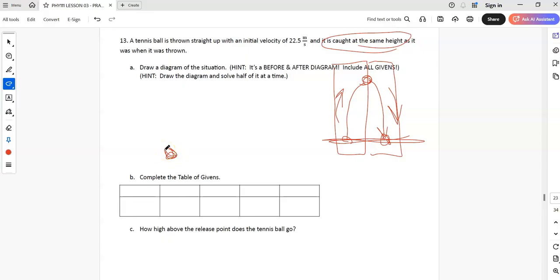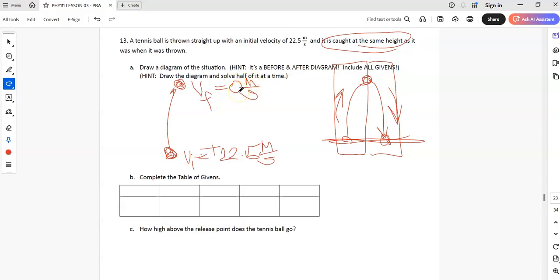So you have a ball with an initial velocity of plus 22.5 meters per second, and the ball goes up, and eventually it hits a height where it's going to stop moving and then come back down. Well, if it's stopping moving in the vertical direction, then we know that the final velocity, at least final at being at the top, is 0 meters per second.